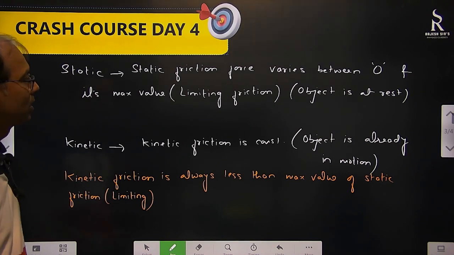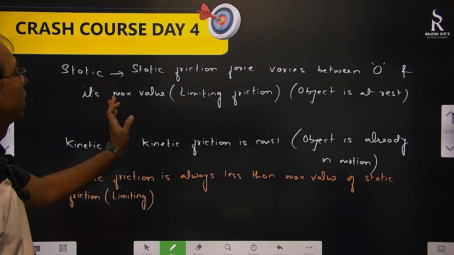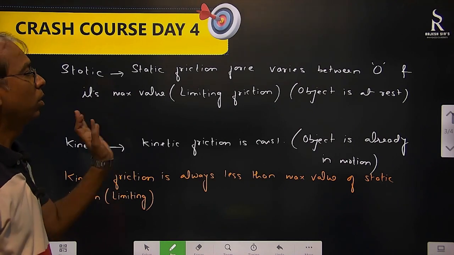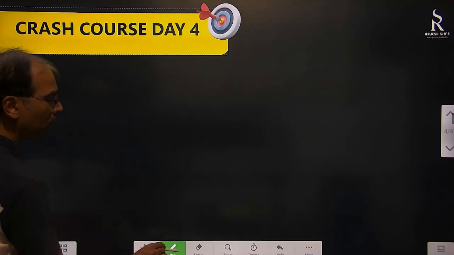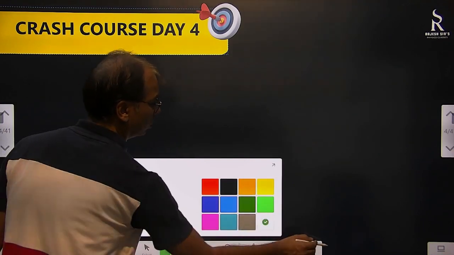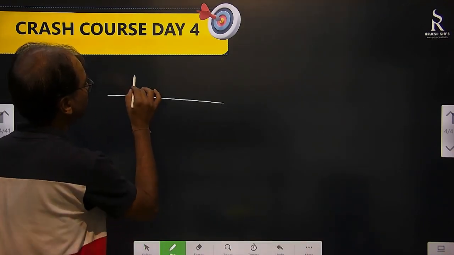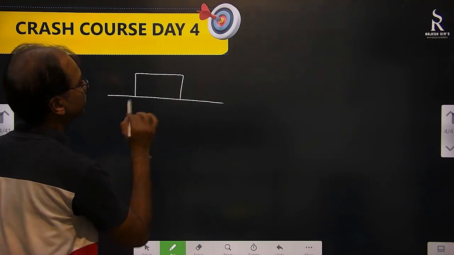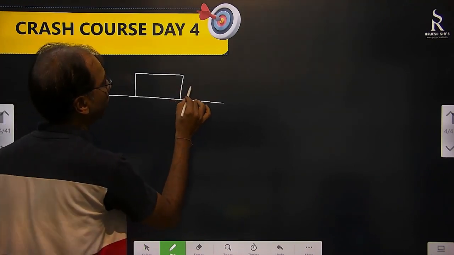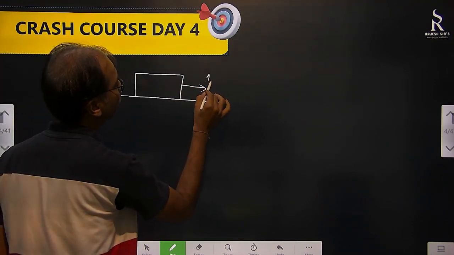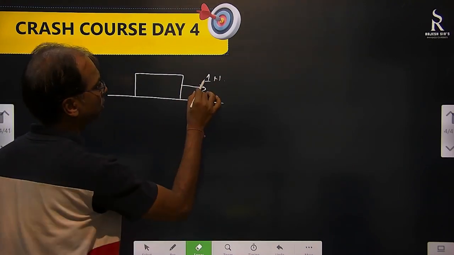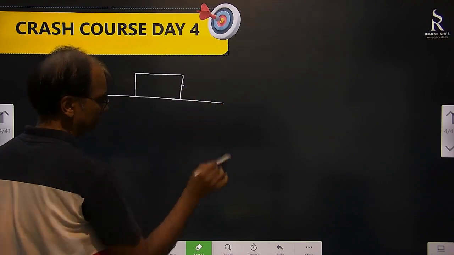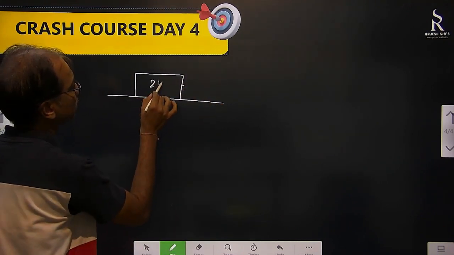Okay, but still it is not clear whether we have to take 0 or what, how it's going to vary. So let's try and understand that. If we assume there is a block like this, and let's say you don't apply any force initially, and this block is 2 kg.